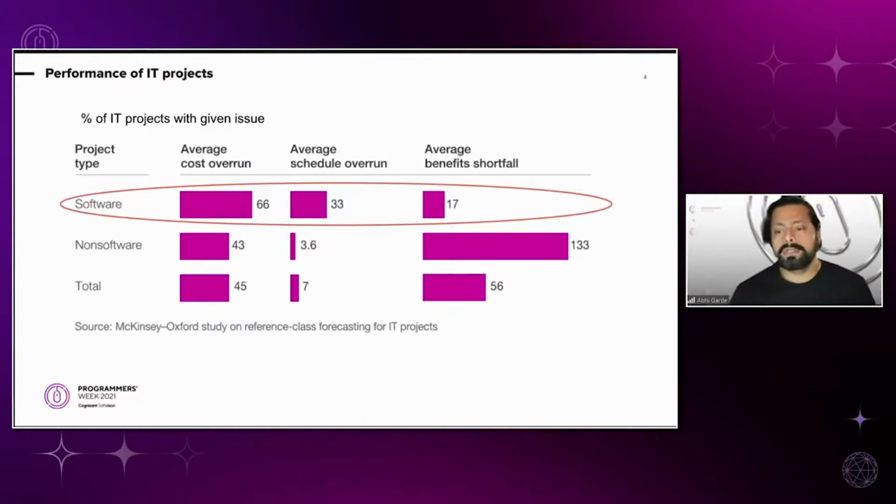For our conversation, we are interested in the software aspect, because that's the point of view from which I'm going to talk through the rest of the presentation. Let's look at these numbers for a software project. Average cost overrun, 66%. Average schedule overrun, 33%. Average benefits shortfall, 17%. Decimal numbers, to be honest.